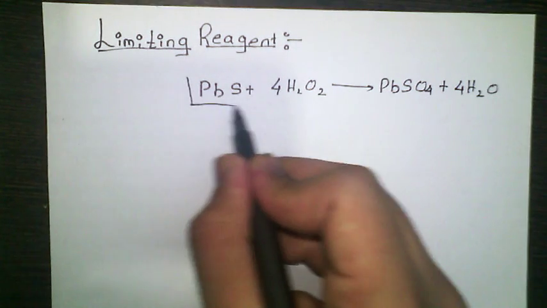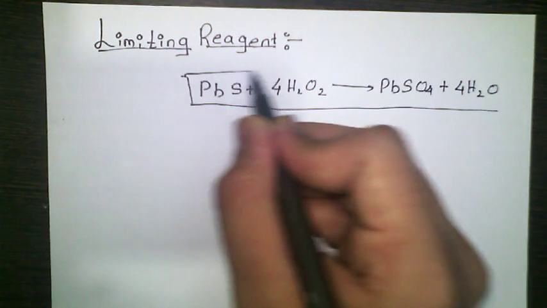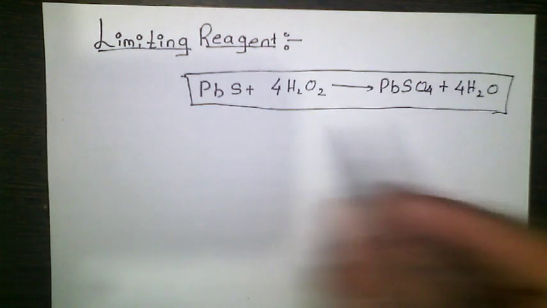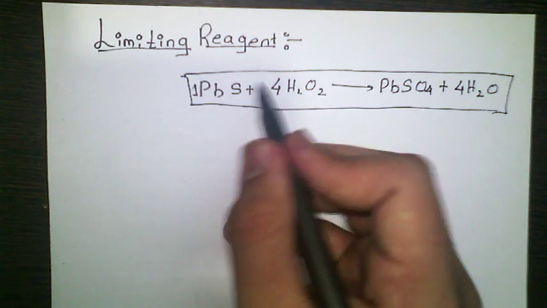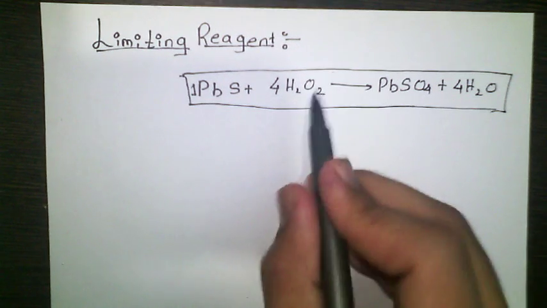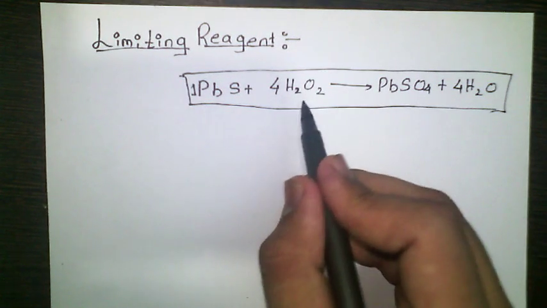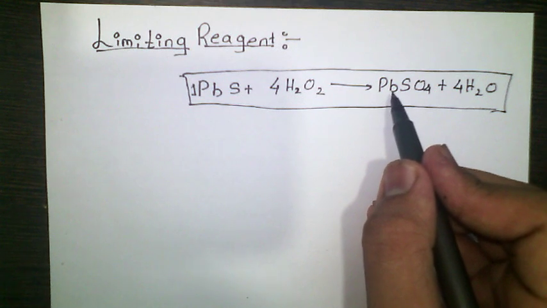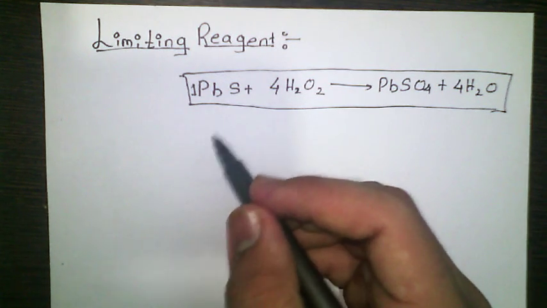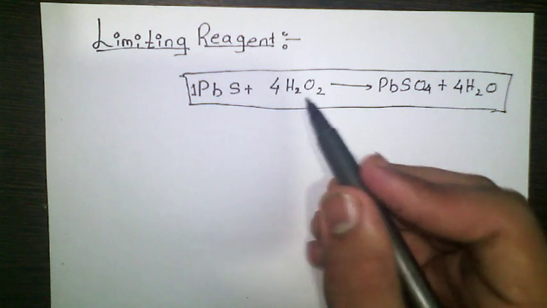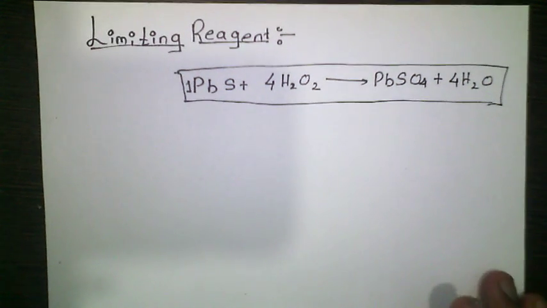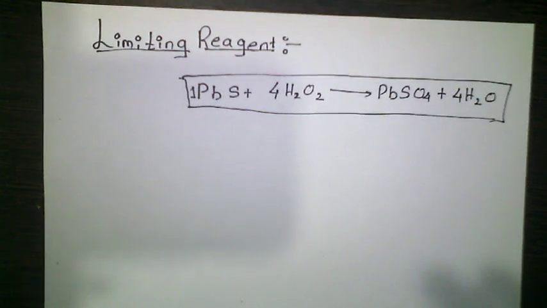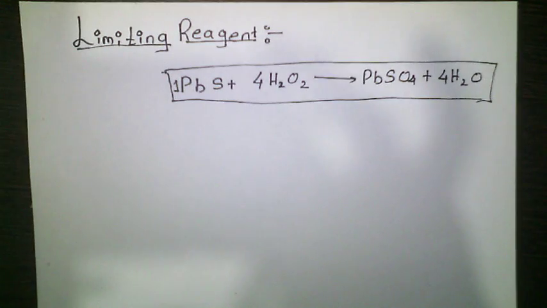Let me explain that 1 mole of lead sulfide combines with 4 moles of hydrogen peroxide, H2O2, to give 1 mole of lead sulfate. Also, I'm sorry, this is lead sulfide. 1 mole of PbS combines with 4 moles of H2O2, and that gives 1 mole of lead sulfate plus 4 moles of water. That is the significance of a chemical reaction that you must know.